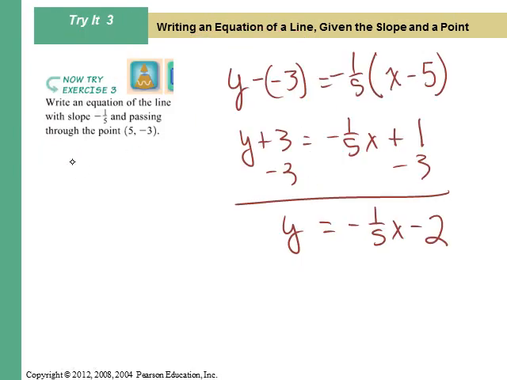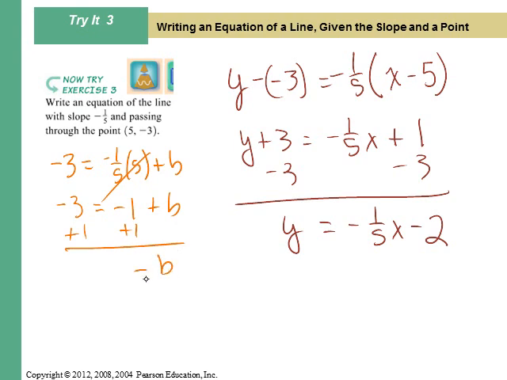We could do the same thing here. Negative 3 equals negative 1/5 times 5 plus b. Negative 3 equals, multiply this, you get negative 1 plus b. Add 1 to both sides.